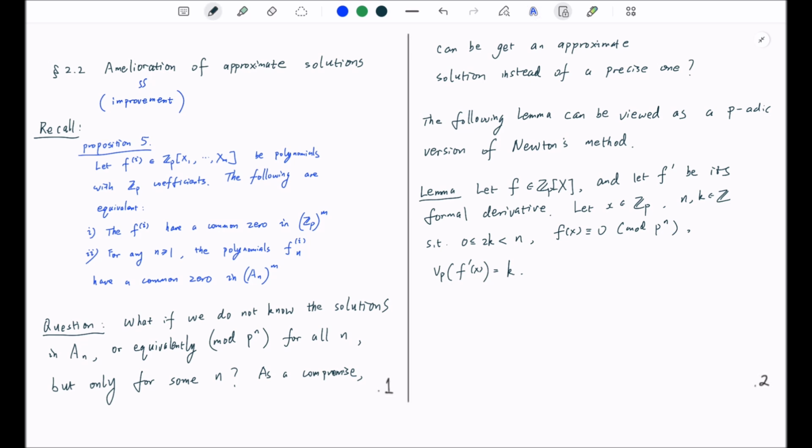Formally, we have there exists a y in Z_p such that the following three statements hold. First, as I said, y is a solution to f modulo p^(n+1), one step further from here. And second, the p-adic valuation of f prime of y is still equal to k.